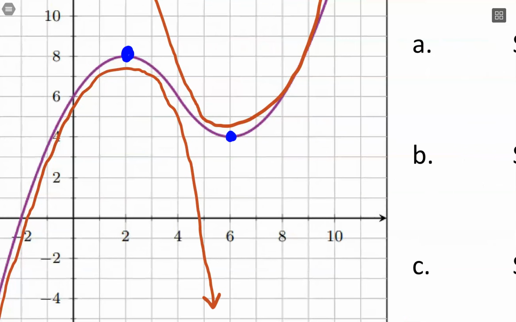Just like how we have this coordinate where increasing and decreasing switch over, same thing with the concavity. And a general rule you can use, it doesn't always work, but it works a lot of the time, is when you have a polynomial graph like this, it's typically halfway between your local minimum and maximum.